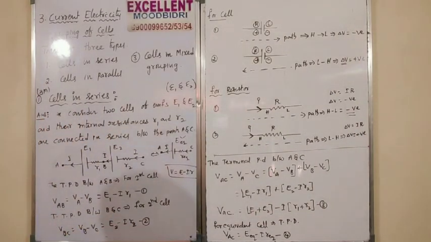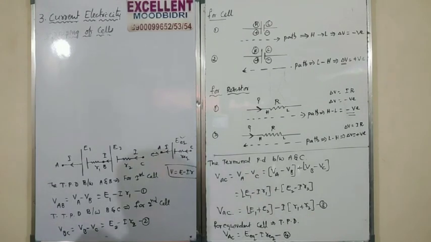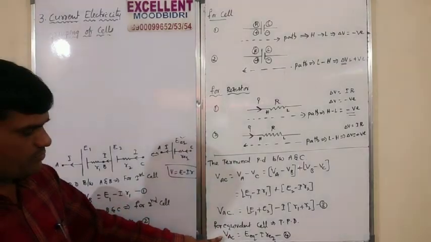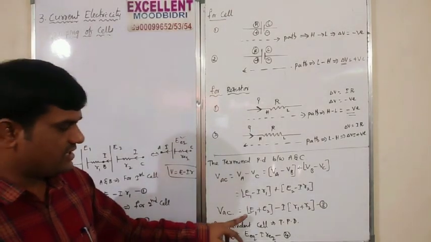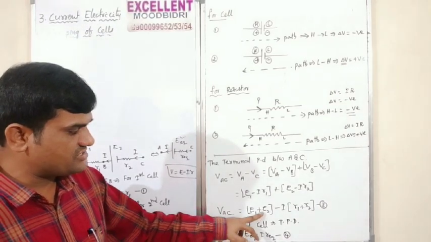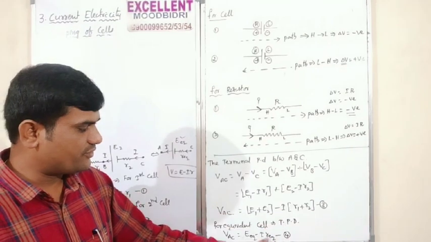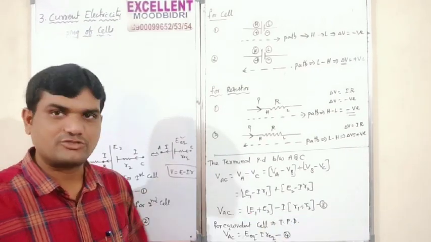Once you observe equation 3 and equation 4, from equation 3 and equation 4 we can write the resultant. From 3 and 4, LHS both are equal. Now we can equate the RHS. So, E equivalent is equal to E1 plus E2, and I common, therefore R equivalent is equal to R1 plus R2.